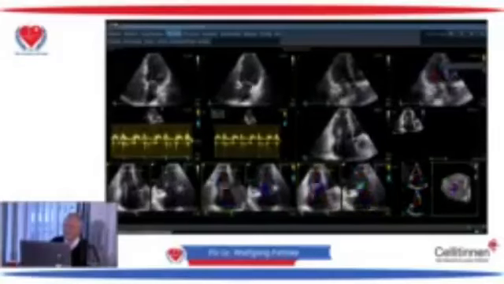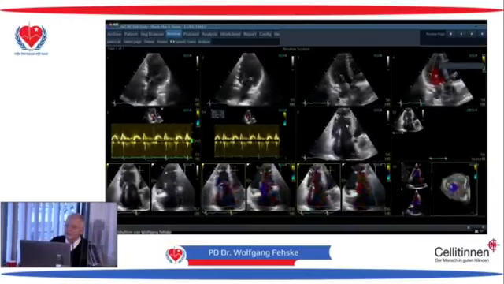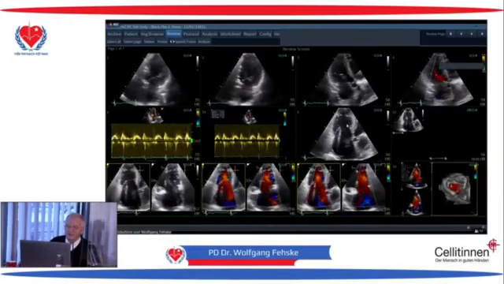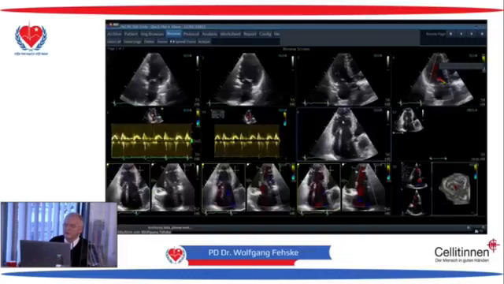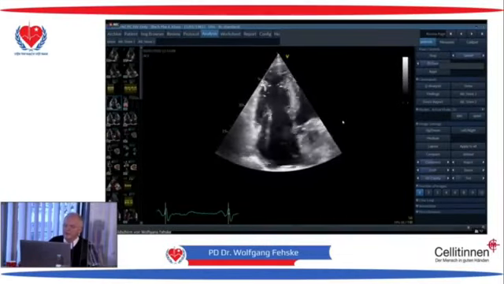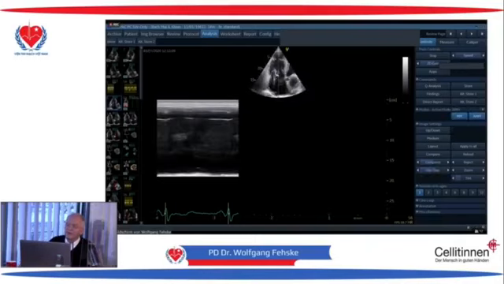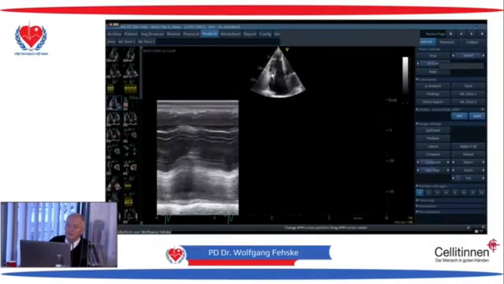The case now in that patient with the tricuspid valve. How do we normally assess the right ventricle by transthoracic echocardiography? First of all, I always take a foreshortened four-chamber view, and then, as in the past, we can do TAPSE.